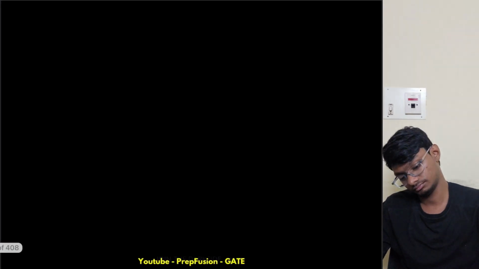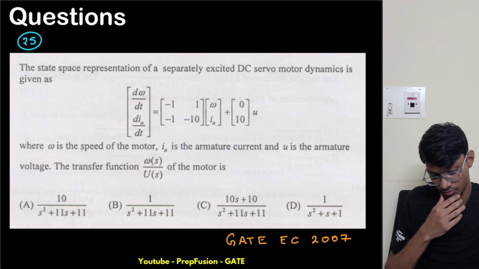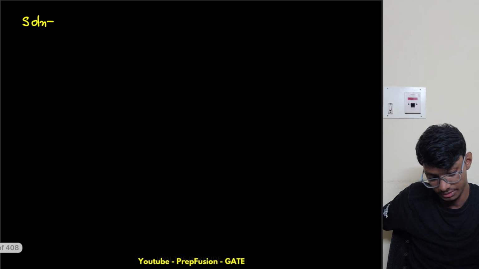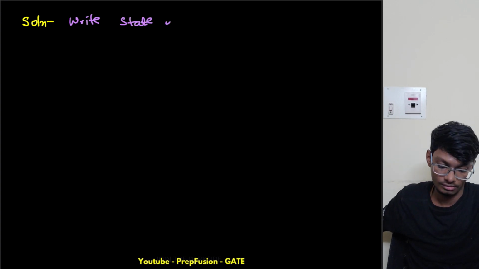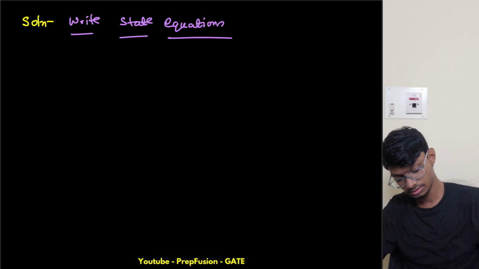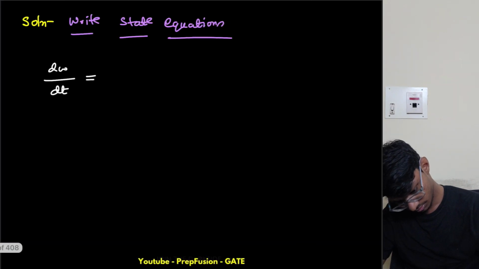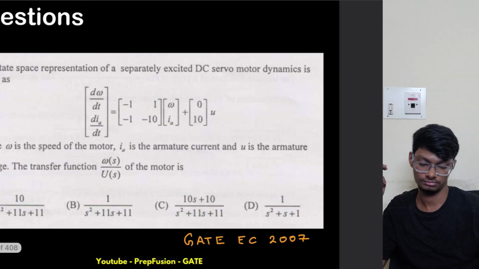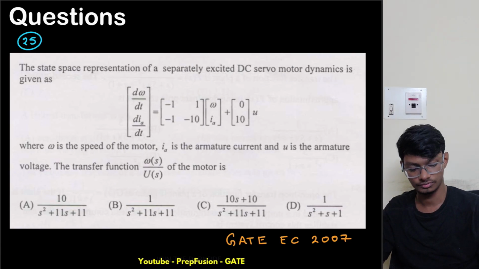Solution. Write the state equations. So what are my state equations? dw upon dt equals minus w plus ia, and it is not related with u.